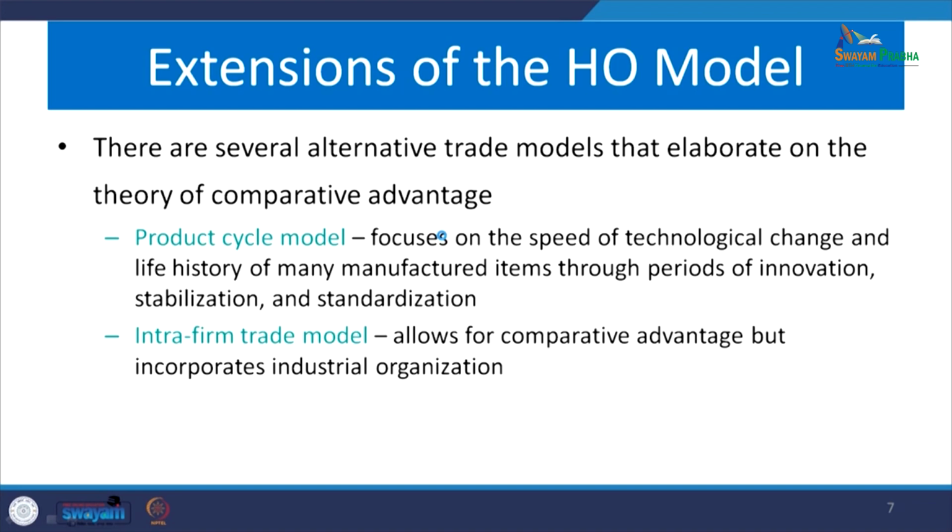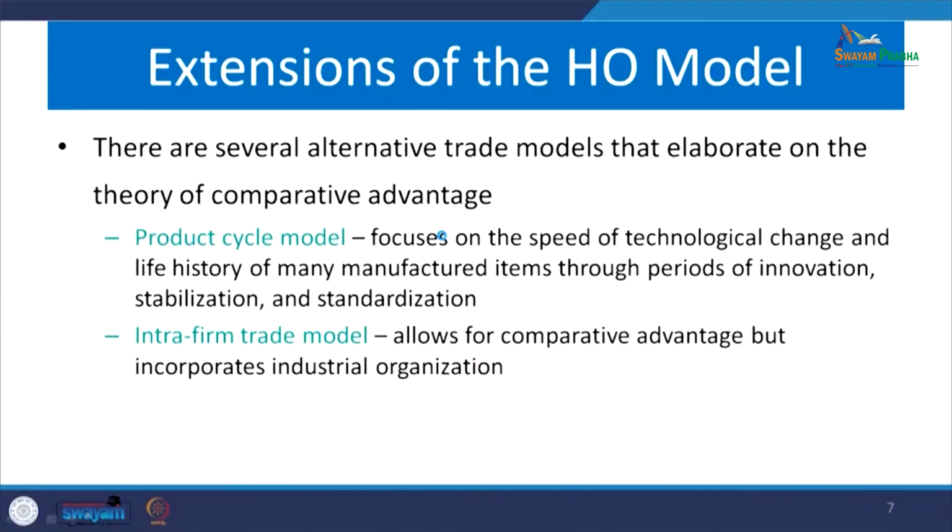One of the theories is called the product life cycle model, which focuses on technological change and the life history of many manufactured items through various forms of innovation, stabilization and standardization.